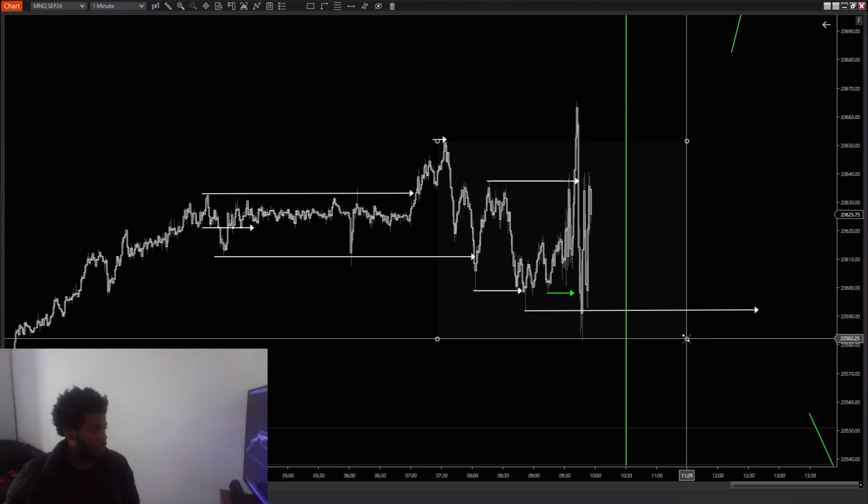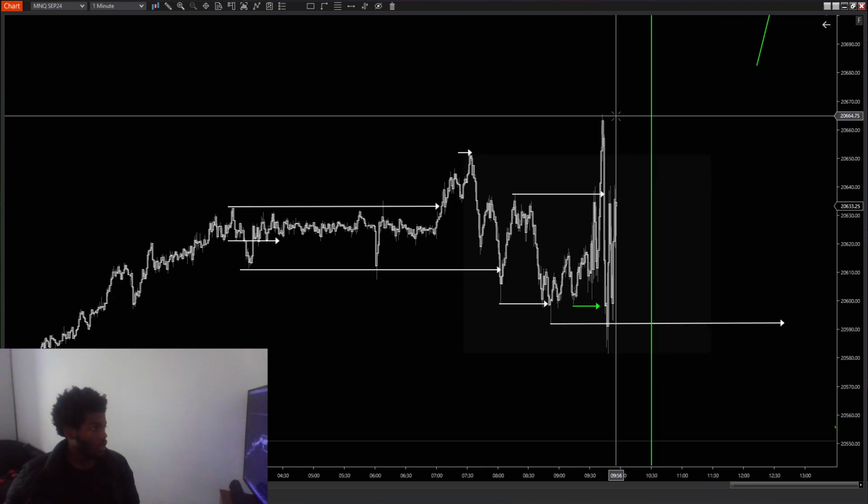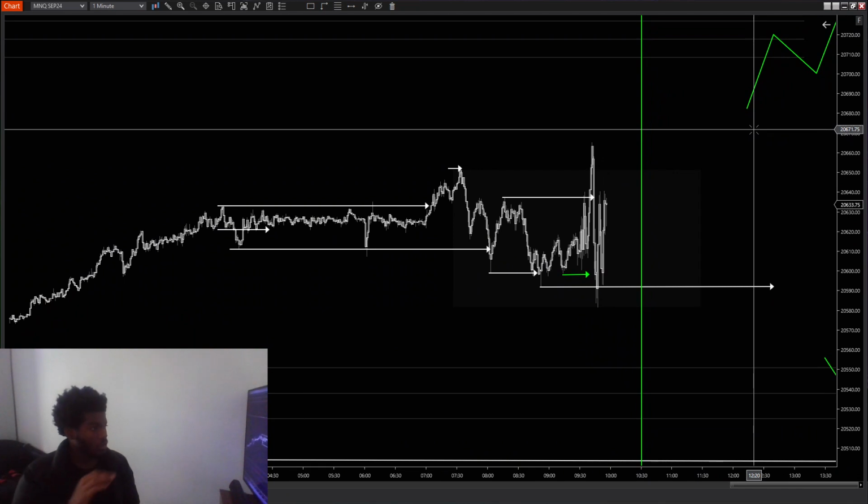Not understanding that we failed to close above this high on a higher time frame. Because I respect the higher time frame decision more than the lower time frame, I'm not going to engage in a buy here.